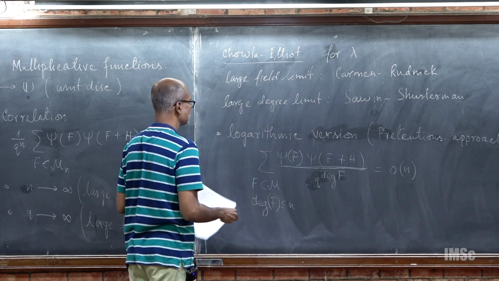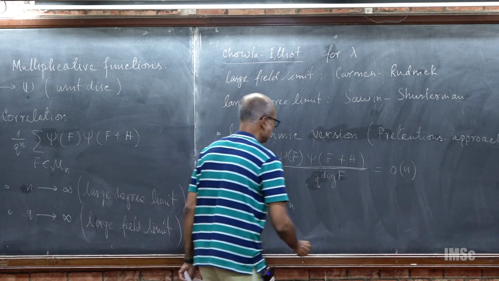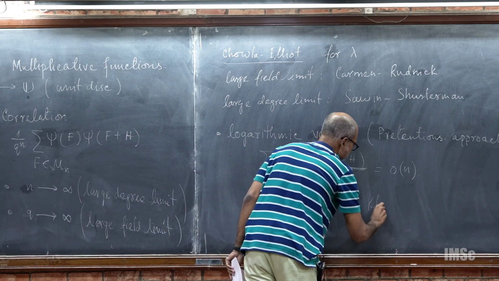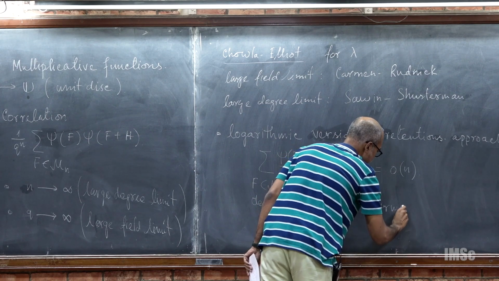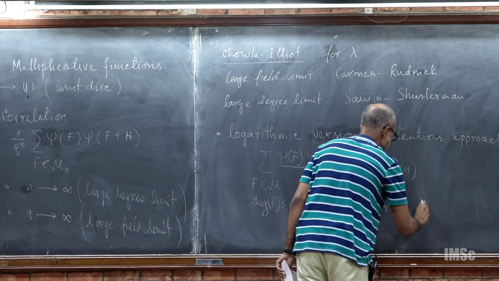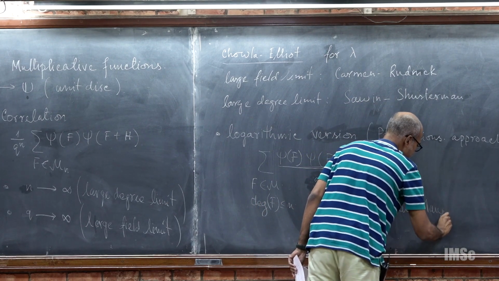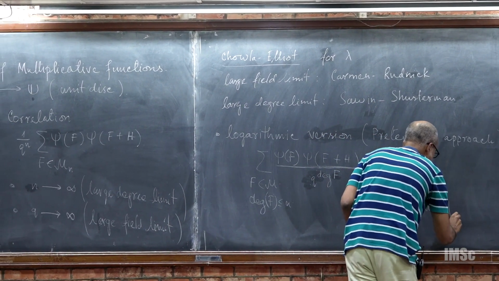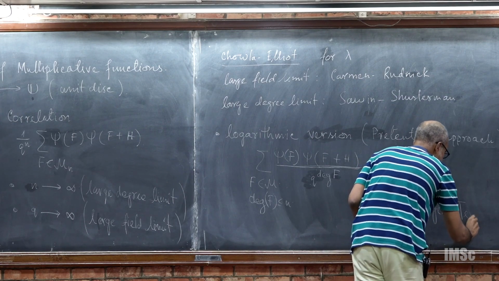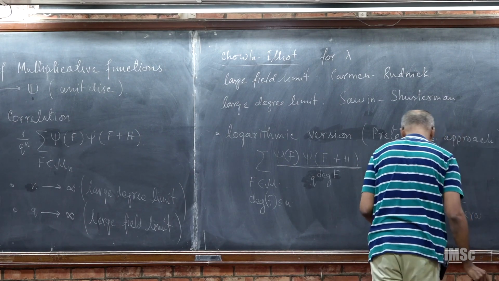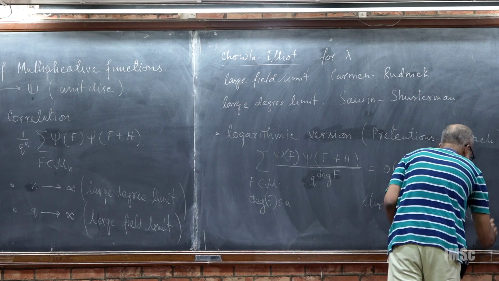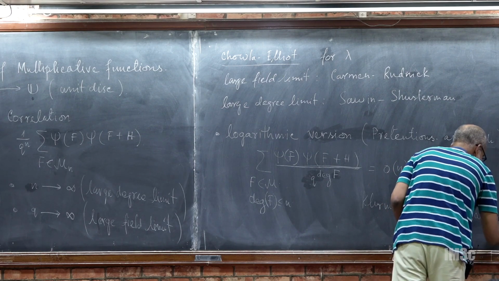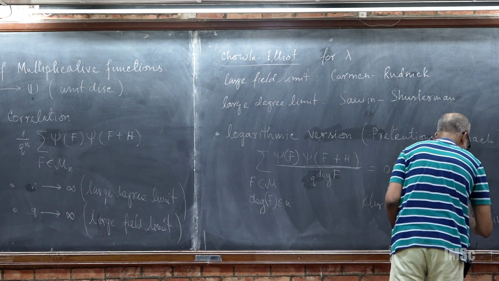So this logarithmic Chowla-Elliott is proved by Klurman, Mangerel, and Teräväinen. I don't know how to pronounce their names actually.